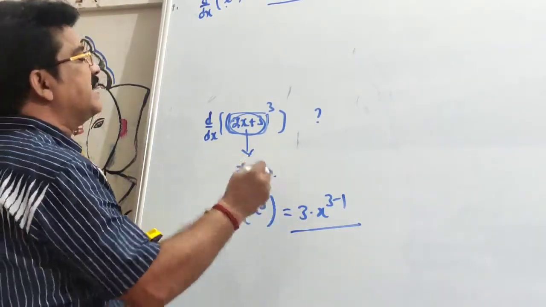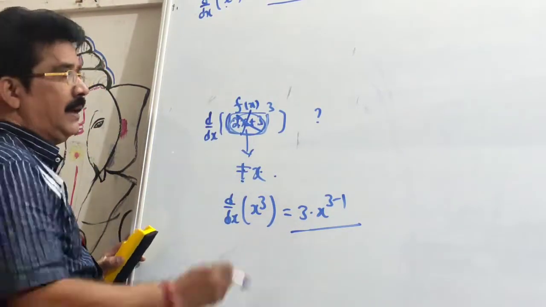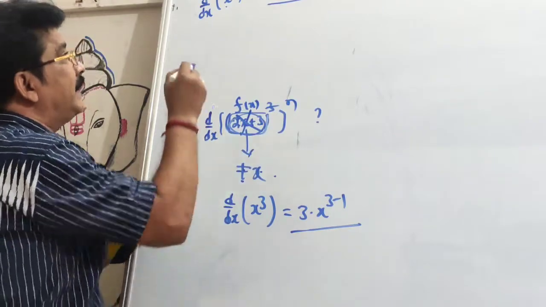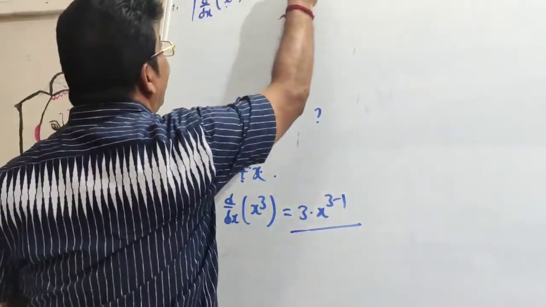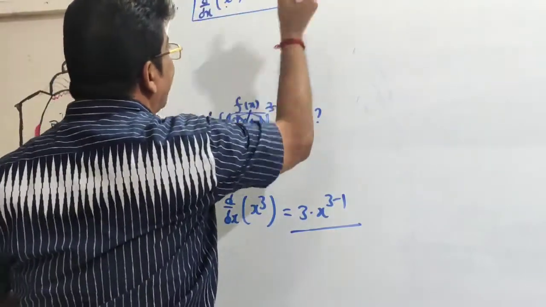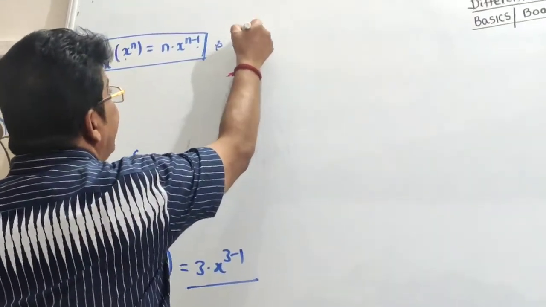That's why in this case we call this something f of x. This is the basic formula, the mother formula: d by dx of x to the power n.